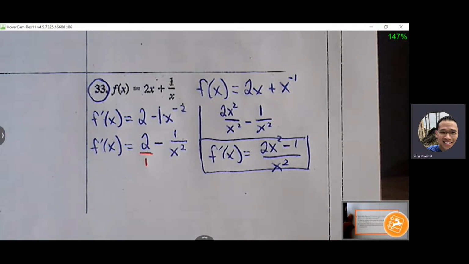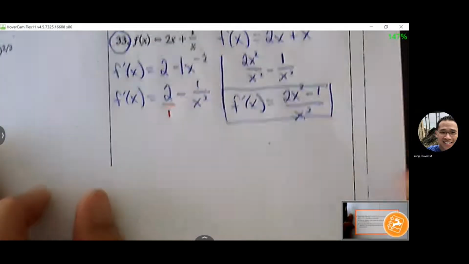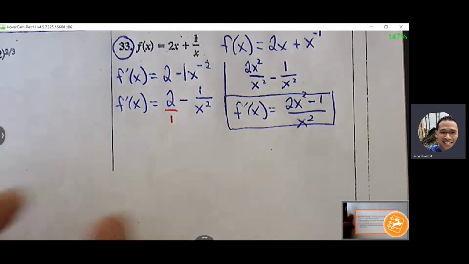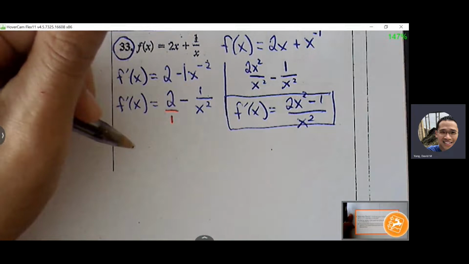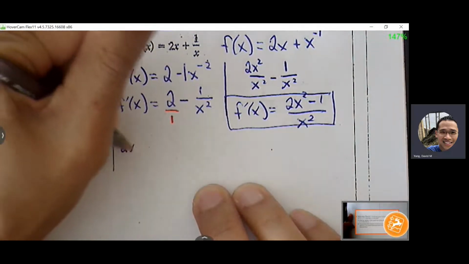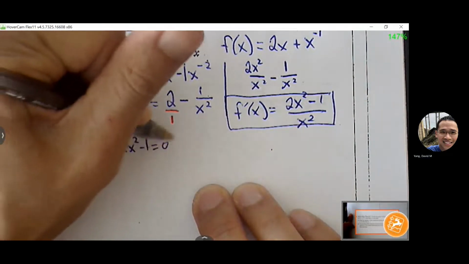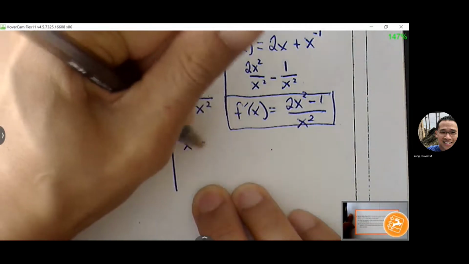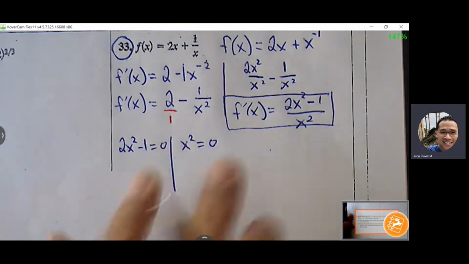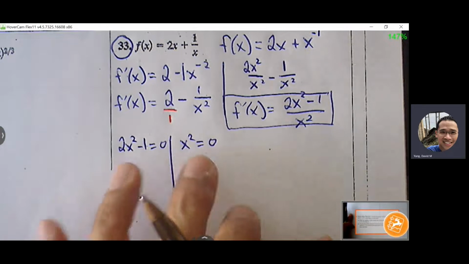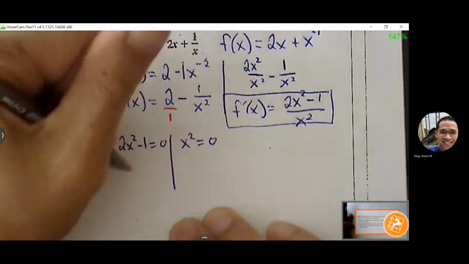Now that I have a nice cleaned-up fraction for my derivative, I can set the numerator equal to 0 to find my critical points, and the denominator equal to 0. And I'll place everything that I gather here onto my sign line.